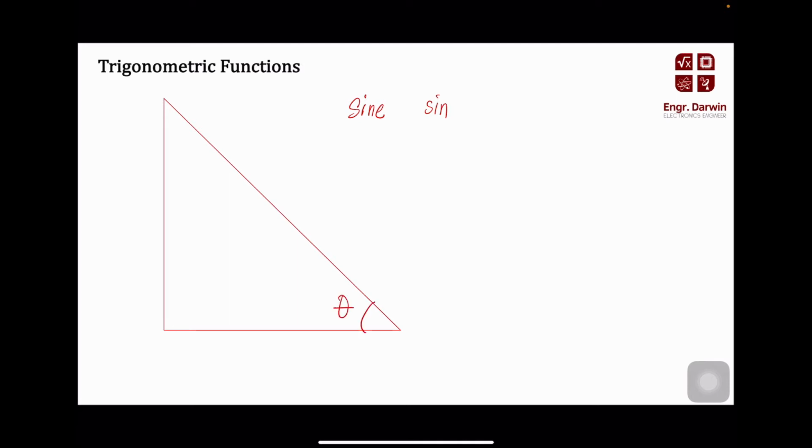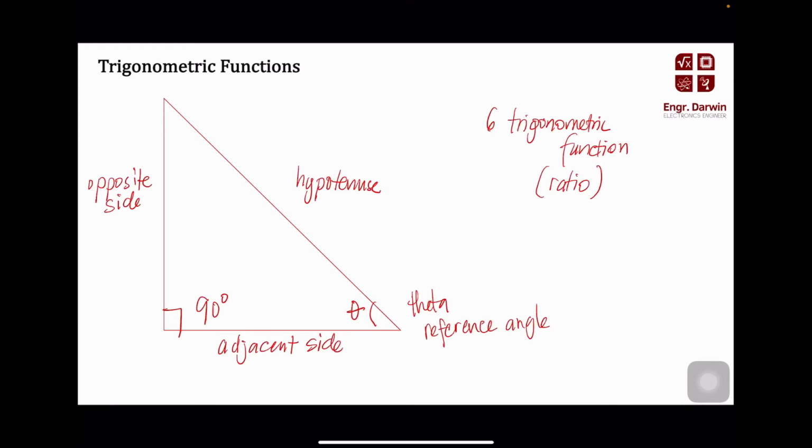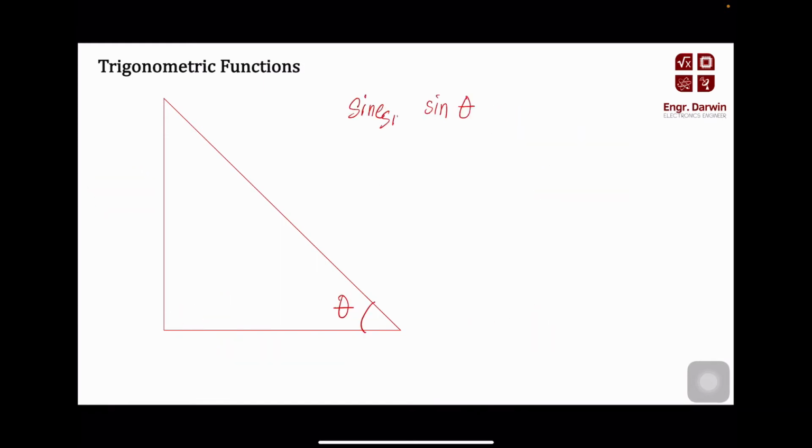So, pag meron kang reference angle and then you get the sine of that particular angle, ang meaning nito is, lagyan natin itong adjacent, lagyan natin yung opposite, and hypotenuse.